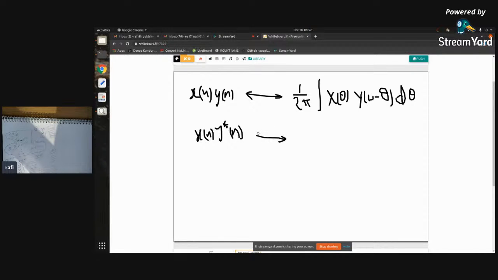So what should be on this side? We know that if y of n has a DTFT of y of omega, then y star of n will have the DTFT y star of minus omega.